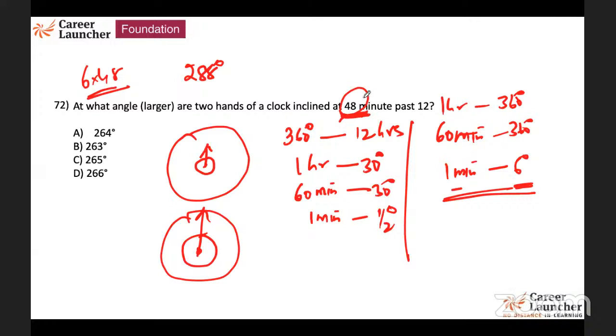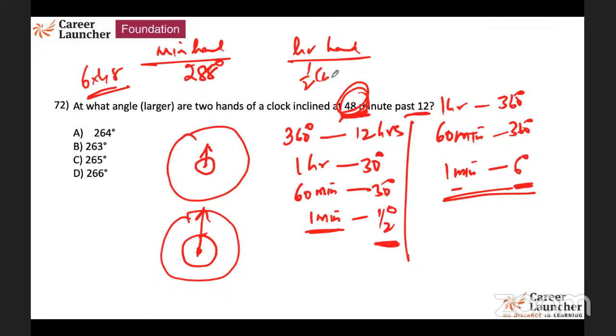In that same time, for every minute the hour hand goes half a degree from 12 o'clock. In 48 minutes, the hour hand goes half into 48, which is 24 degrees. The difference of this will be the answer.